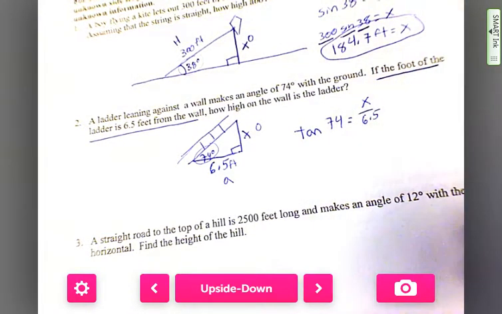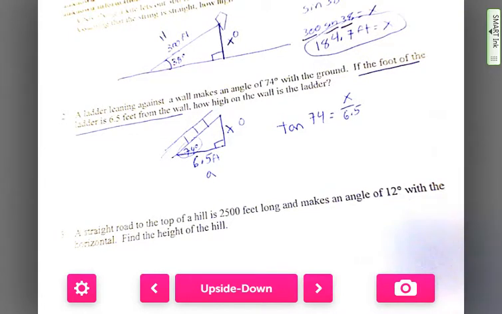How do I get x by itself? You do the rest. I'm going to give you like 2 minutes.